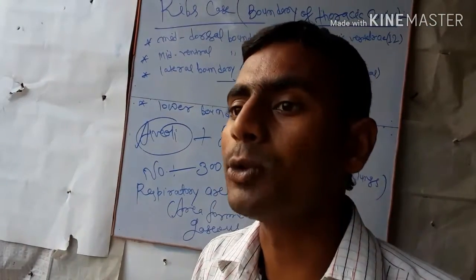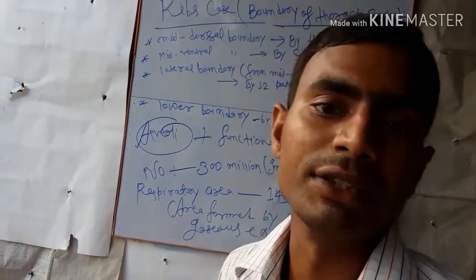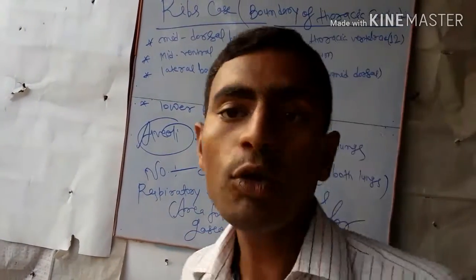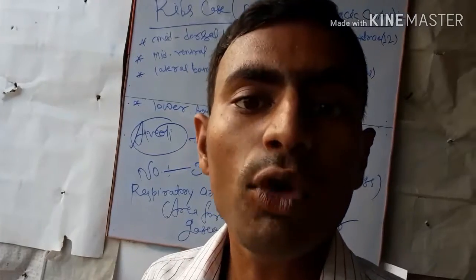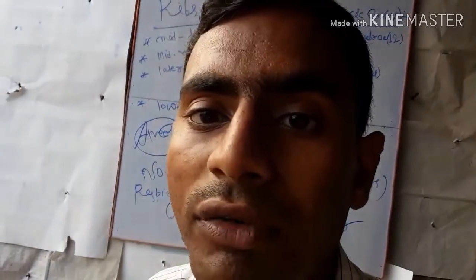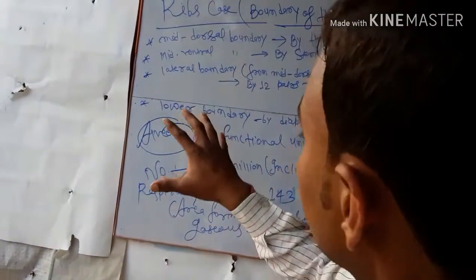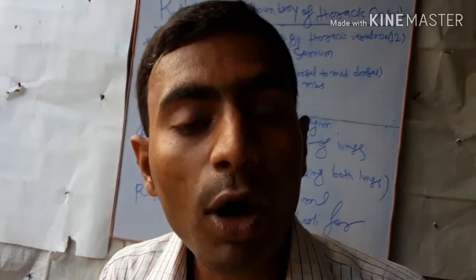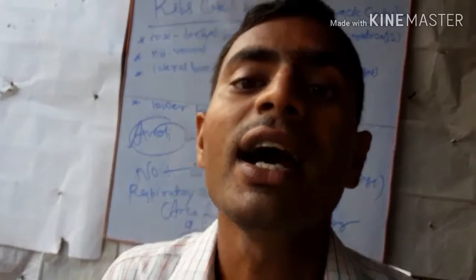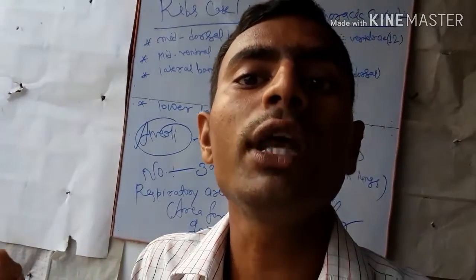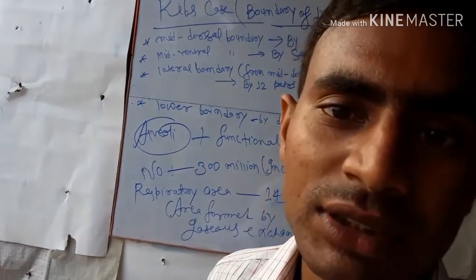But the main topic of today is the alveoli. This is the alveoli. Alveoli are the functional unit of the lungs, and the number of alveoli is 300 million, including both lungs.